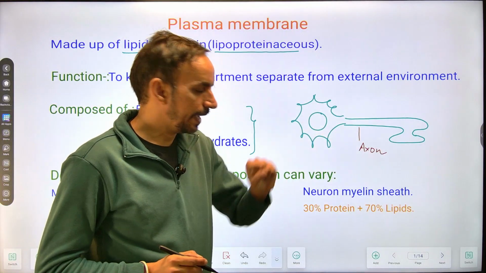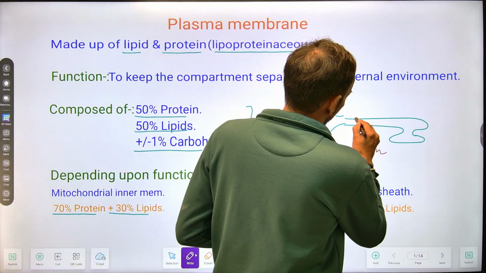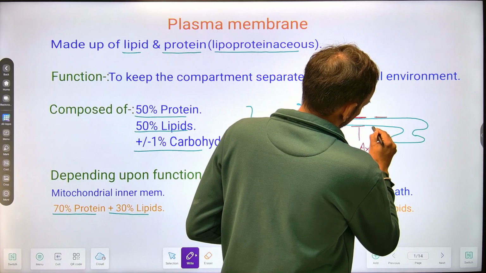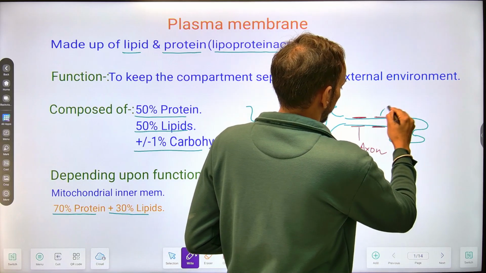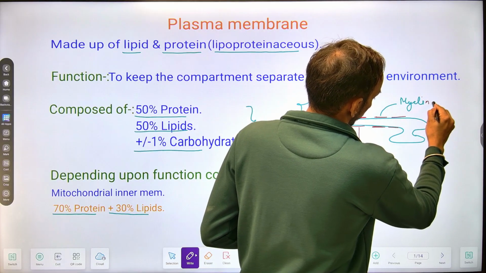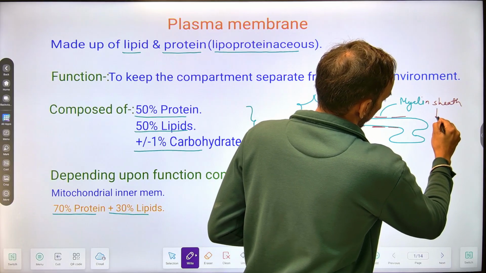Now on this axon, there is a presence of a myelin sheath, and the function of this myelin sheath is to provide the insulation.